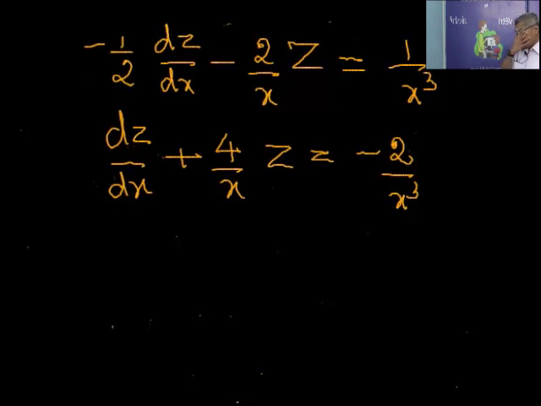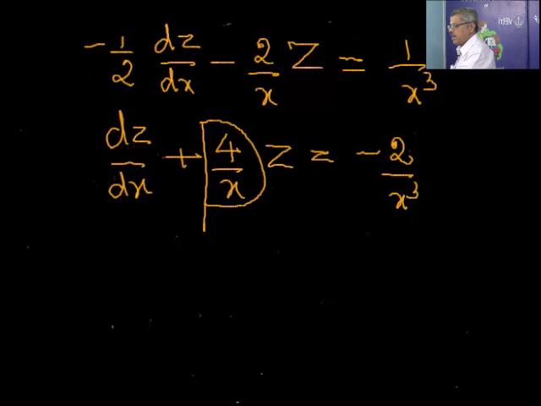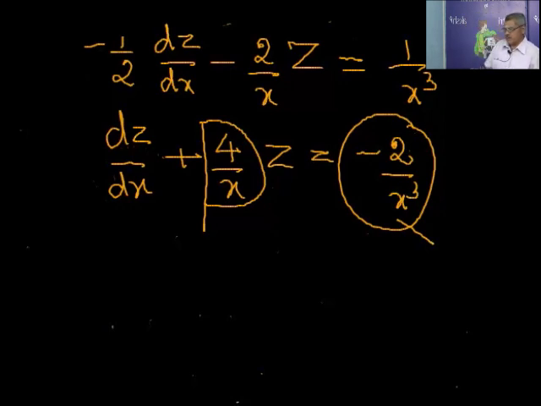Now this is exactly a linear equation in z. P is a function of x, Q is also a function of x. So we find an integrating factor.